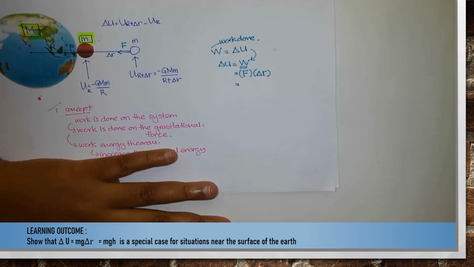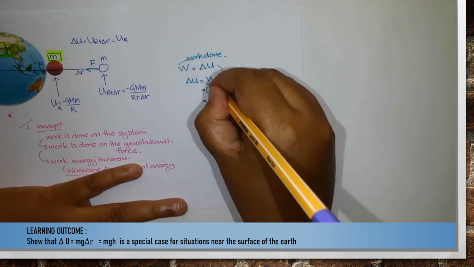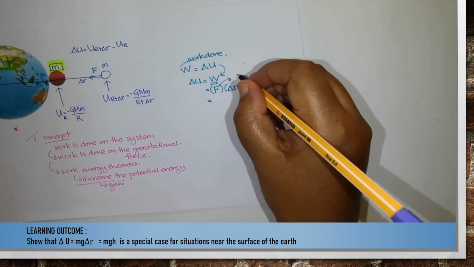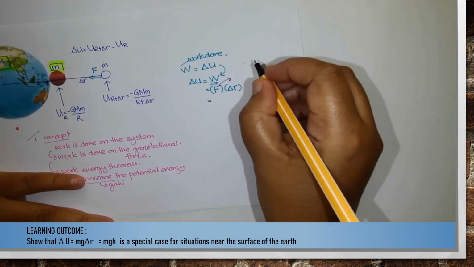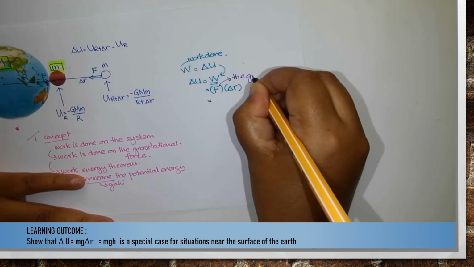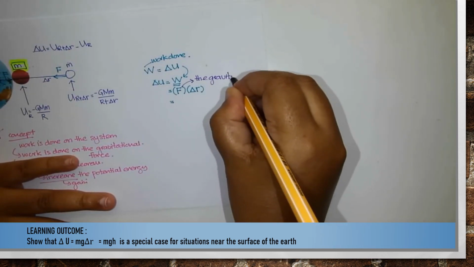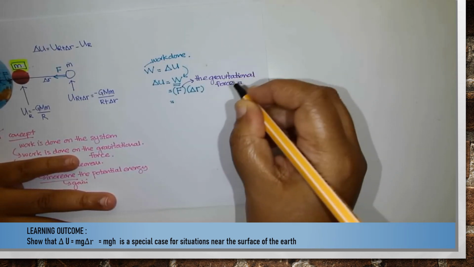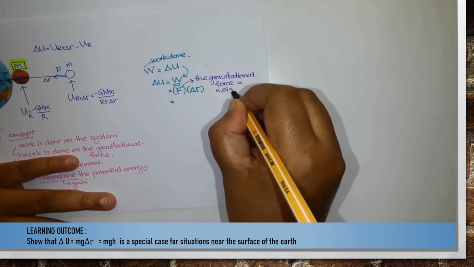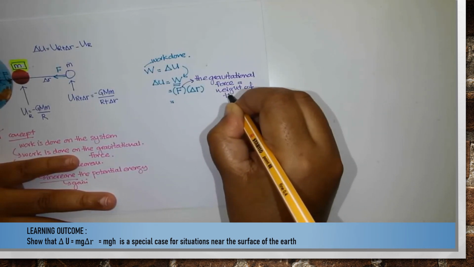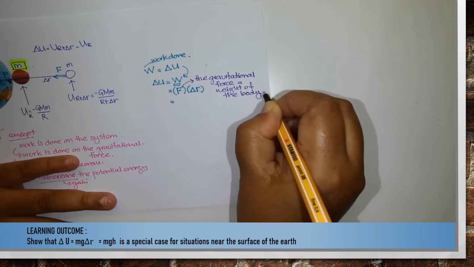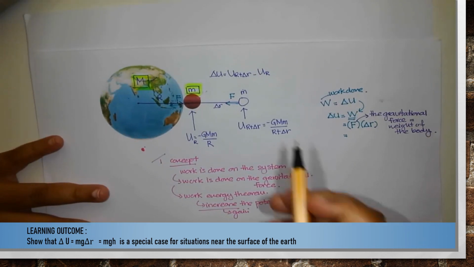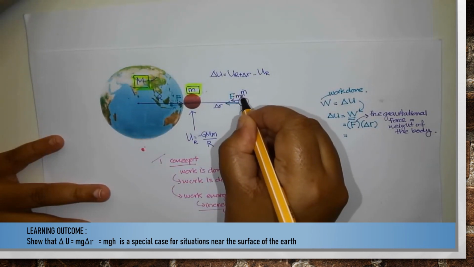Now another concept which I've taught you previously: the gravitational force is equal to the weight of the body, so F is equal to mg.